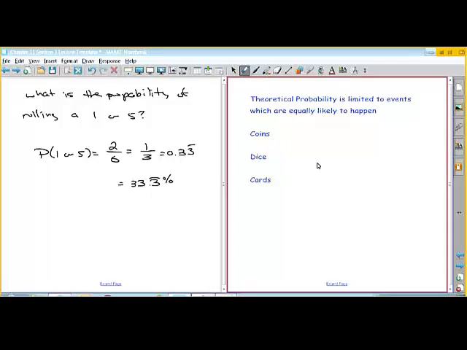So theoretical probability is limited to events which are equally likely to happen. So things like flipping a coin: the probability of getting a heads or a tails for one flip is 1/2, because there are two possible outcomes. If you ask the probability of getting a head, a favorable outcome is getting a head, and an unfavorable outcome is getting a tails.